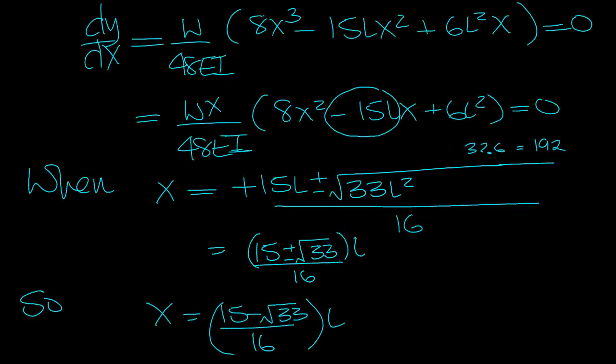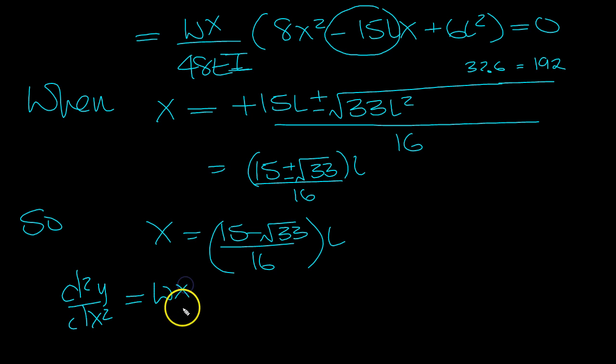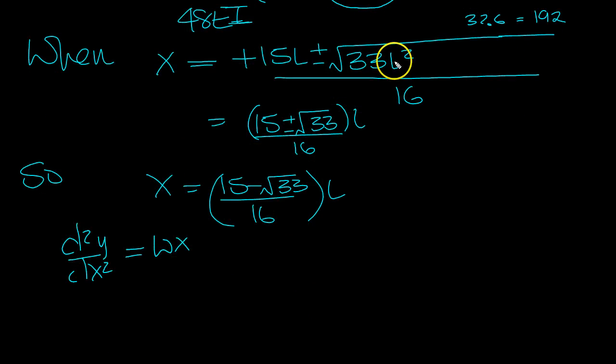Let's get the second derivative. Here's dy dx, so d2y by dx squared is equal to w over 48 EI.